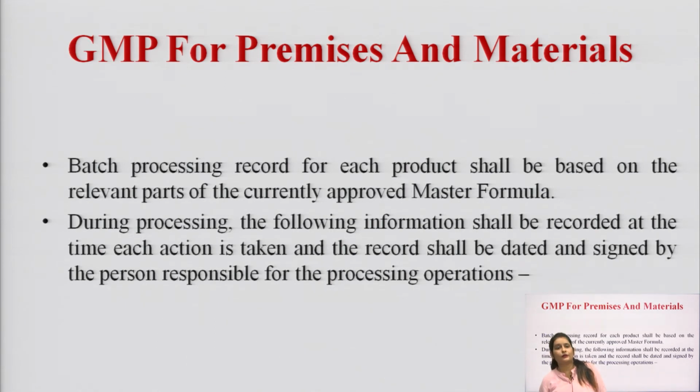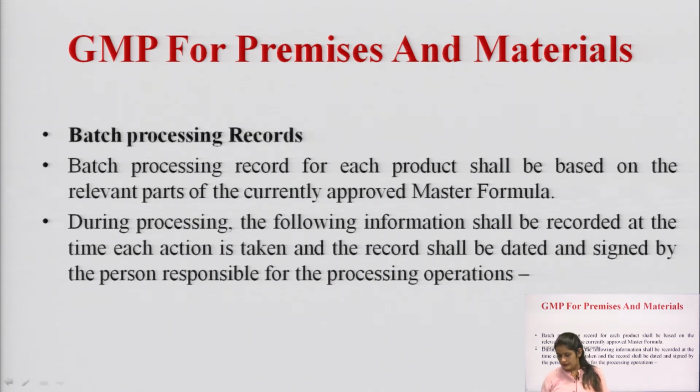Batch processing record for each product shall be based on the relevant part of the currently approved master formula. During processing, the following information shall be recorded. Here we are discussing the batch processing record.